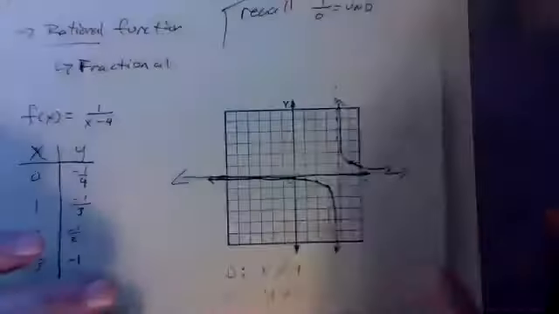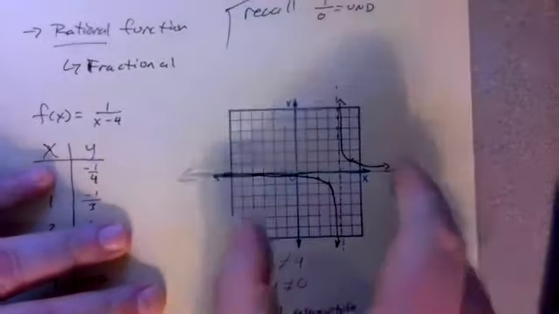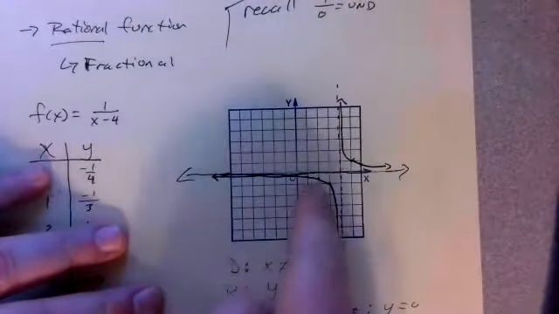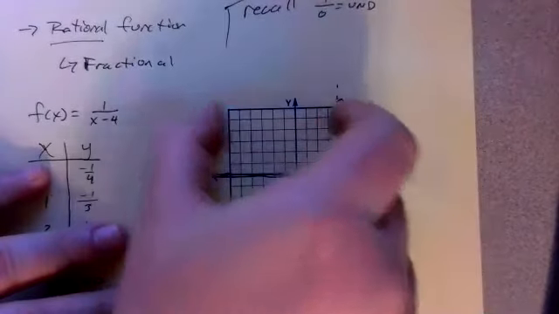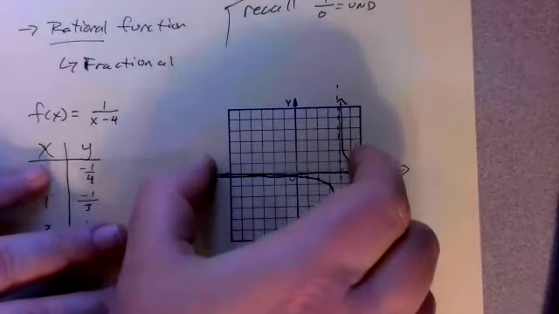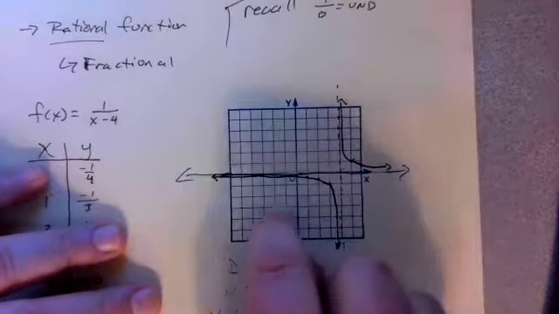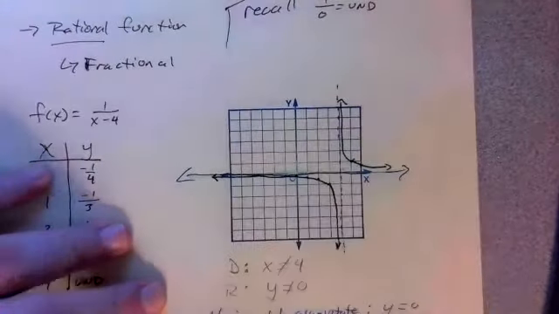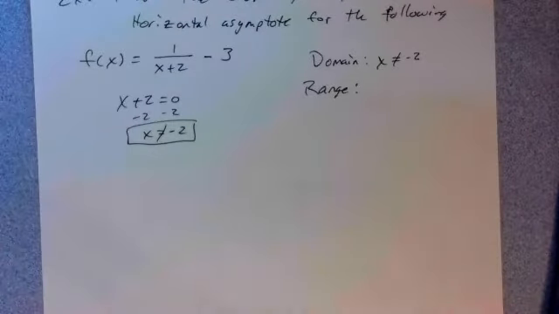So I would go down 3 units. It's like taking this shape right here, and it would be at negative 2. The vertical would be at negative 2, and then it would go down 3 units. So the horizontal would be at negative 3.